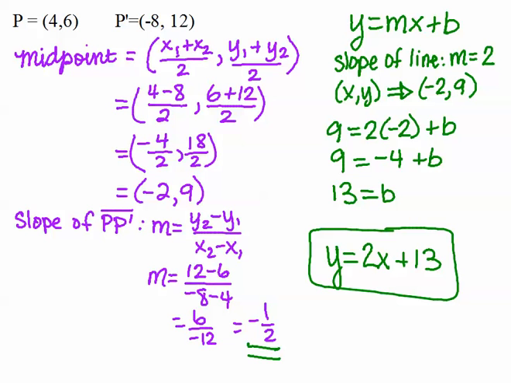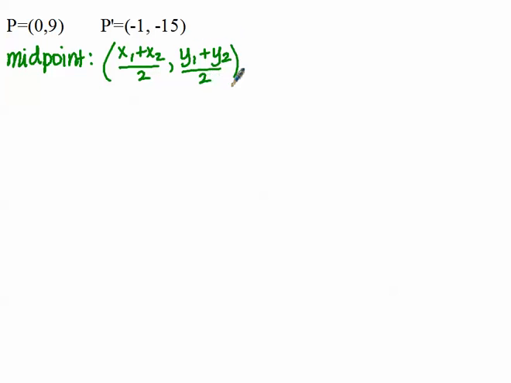Okay, let's do one more. In this case, we're given point P is (0, 9), and P prime is (-1, -15). So we start with the midpoint. That's a point on the line of reflection. (x1 plus x2) divided by 2, comma, (y1 plus y2) divided by 2.